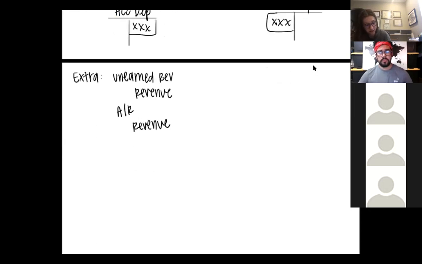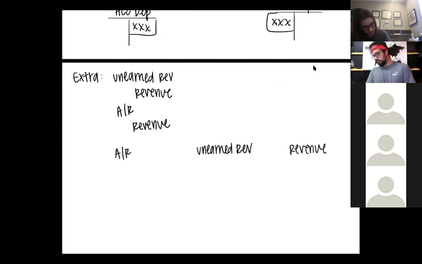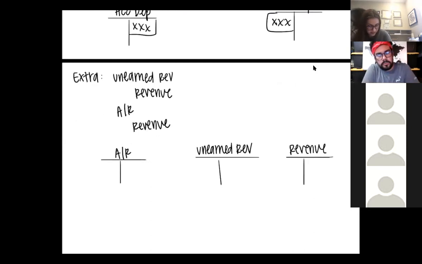In this case, we have our asset as AR, unearned revenue as our liability, and then revenue. Unearned revenue is a liability, and when you debit it, it decreases. This increases your assets, and this increases your net income.